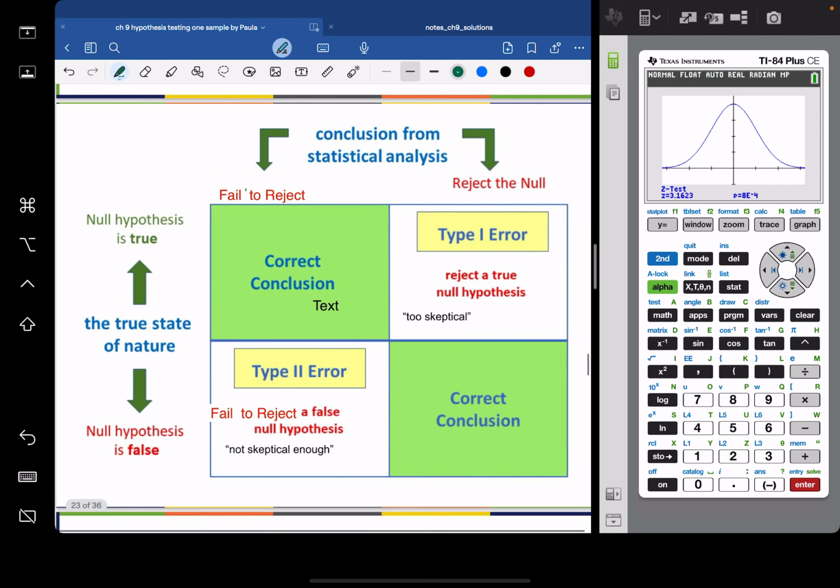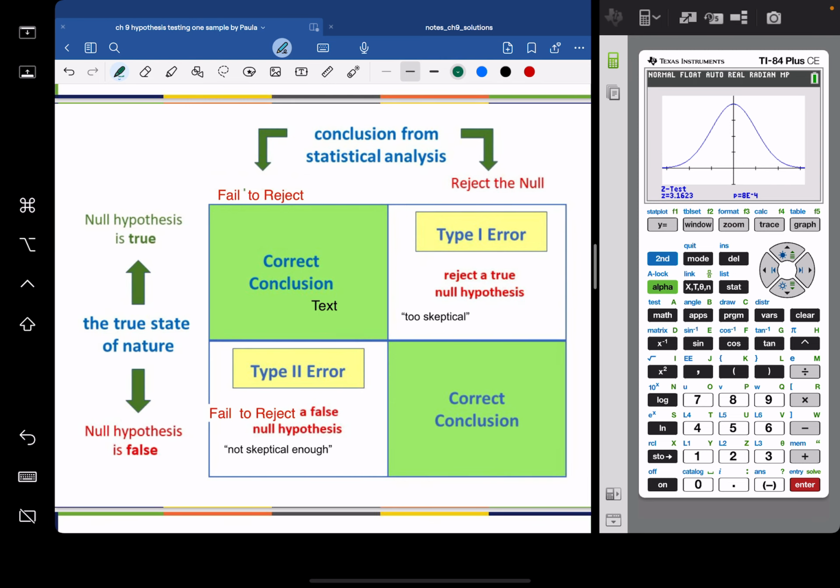And then this is just a nice graphic that shows you if the null hypothesis is true and we fail to reject it, then that's good. If the null hypothesis is false and we reject it, then that's good.